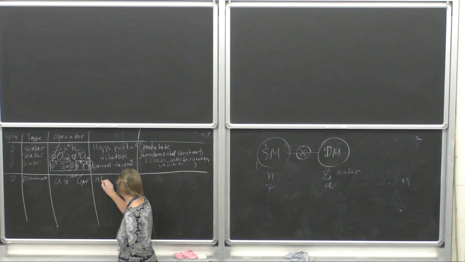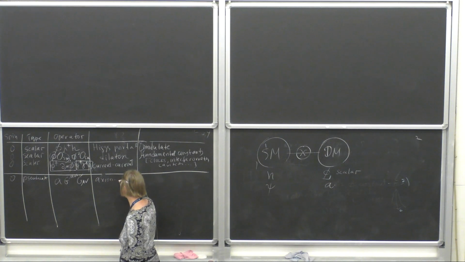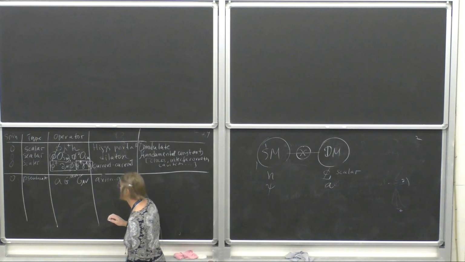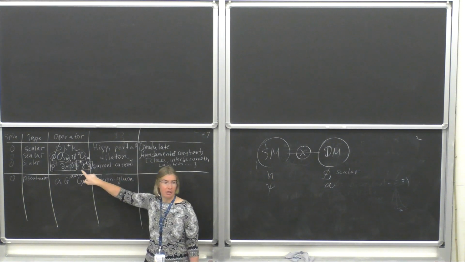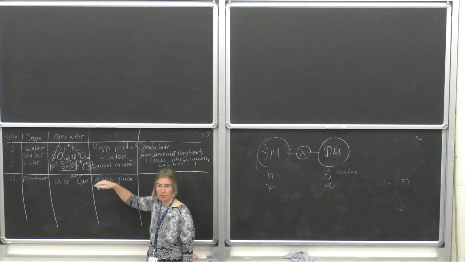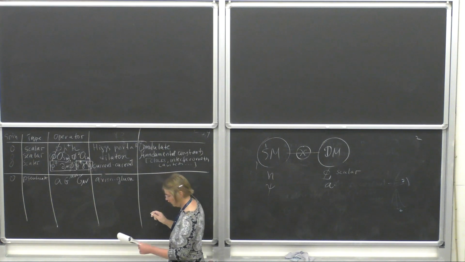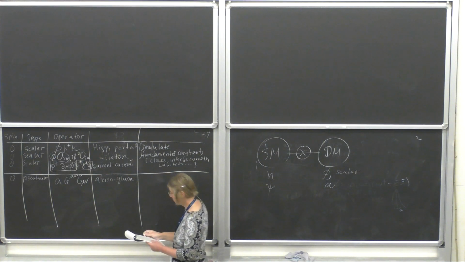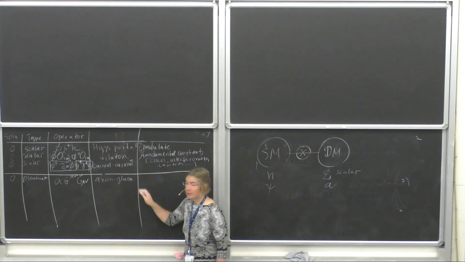So, axion gluon. Right, because you get 3 halves, 3 halves, 1 and 1. That's why you get dimension 5.